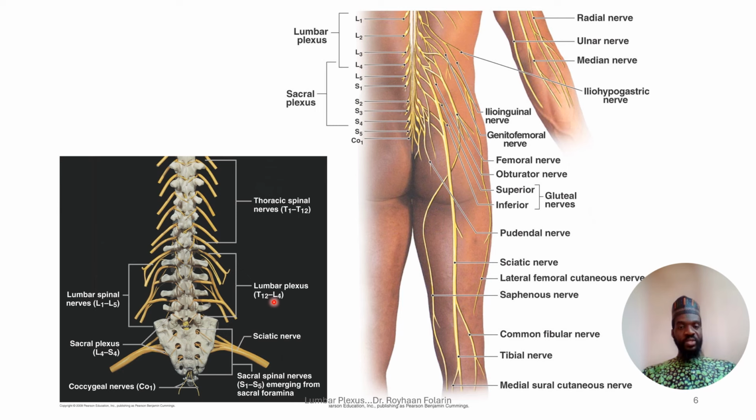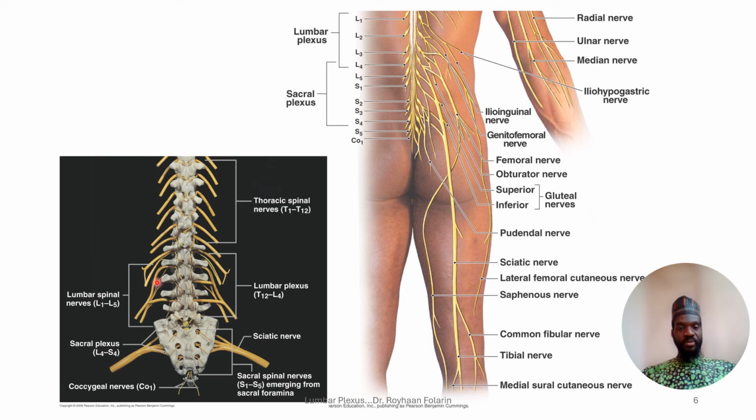And that's why you'll see in this picture, you have the lumbar plexus starting from T12 down to L4. But in most cases, you have L1 to L4 making up the lumbar plexus. And you will see the thoracic spinal nerves on the other side.